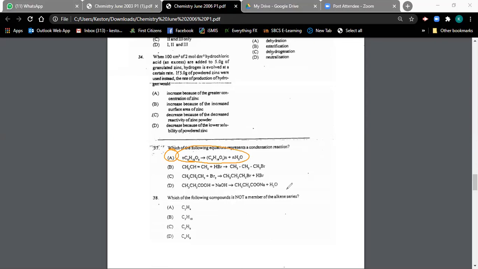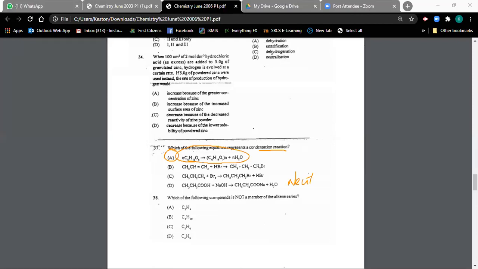So let's call this. It's not a condensation reaction. There's another name for it. It starts with N. Any ideas? Neutralization, that's correct. Right, so A is condensation, D is neutralization.